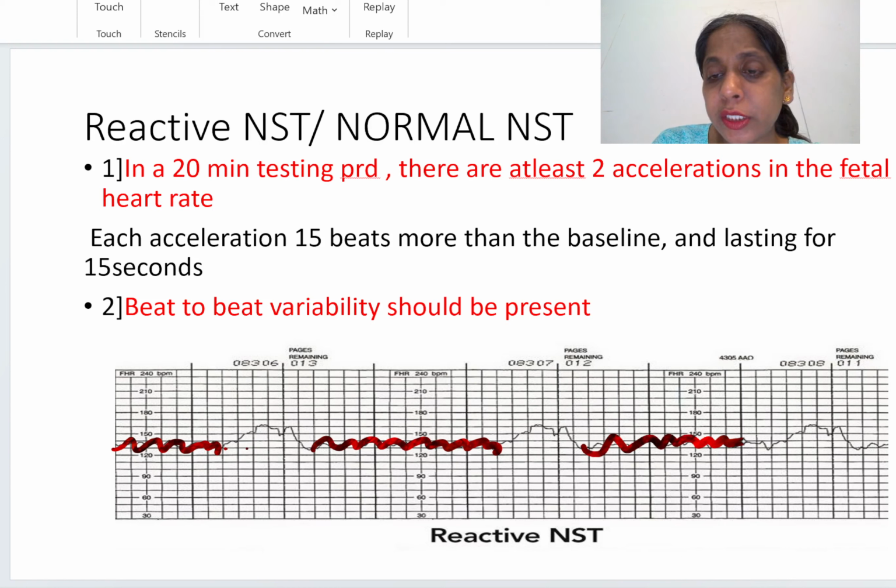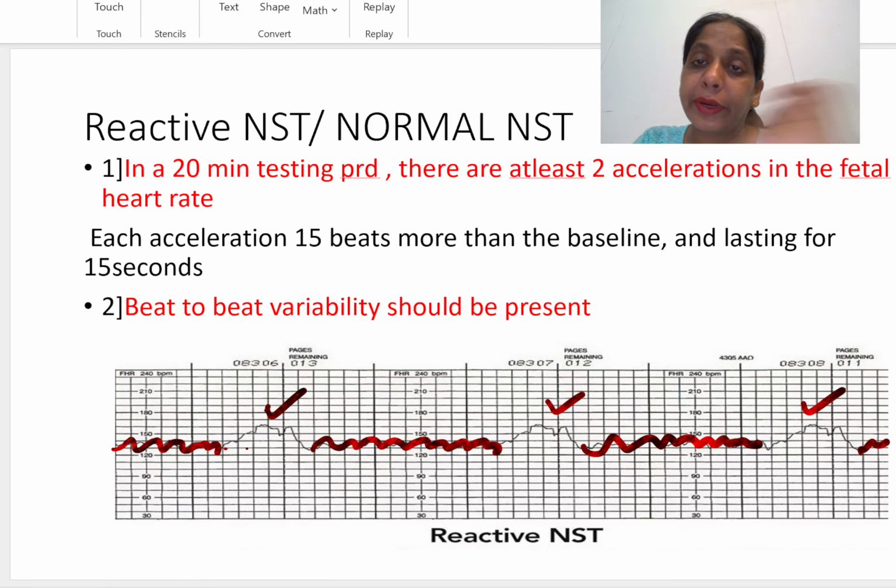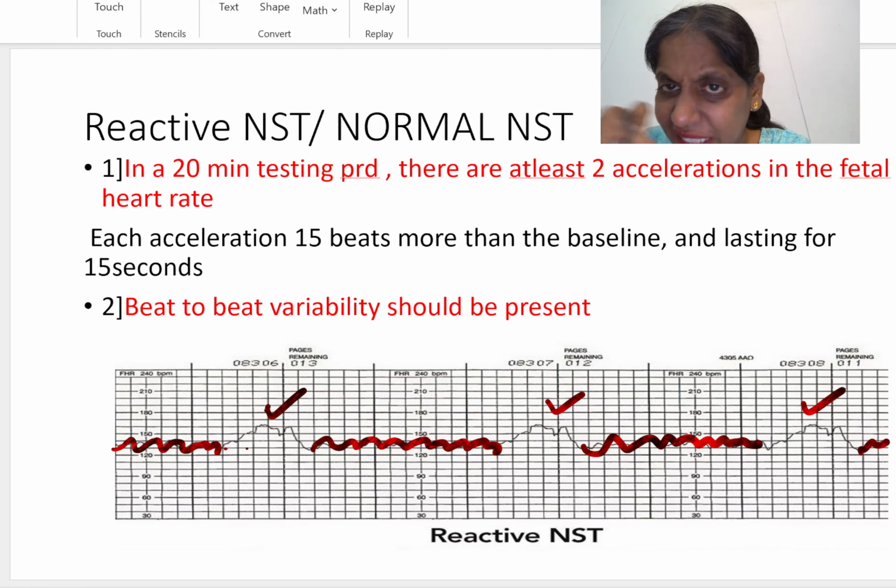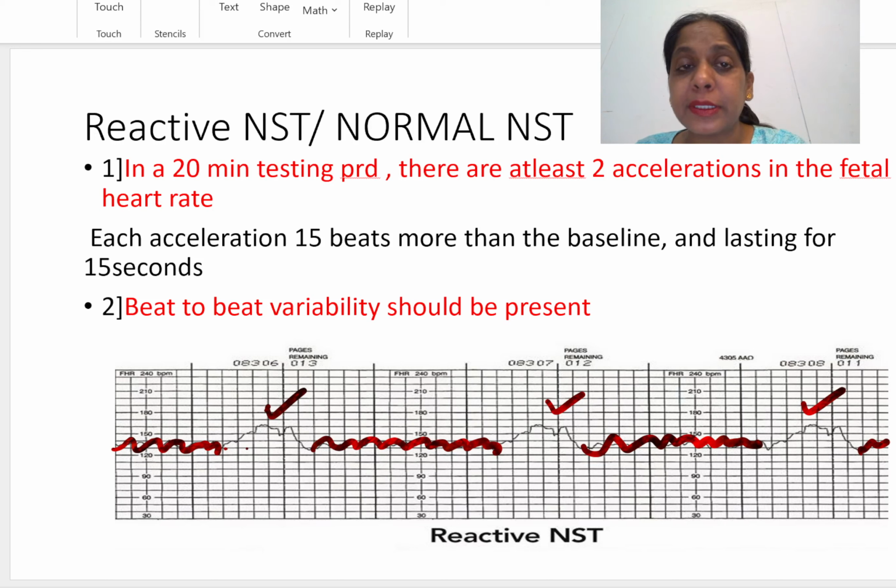This variation in the beats should be there. This is acceleration, this is acceleration, a rise in the fetal heart rate, and this baseline variability, beat to beat variability, should be present. This is good, and if this is absent, then also we say that this NST is non-reactive.